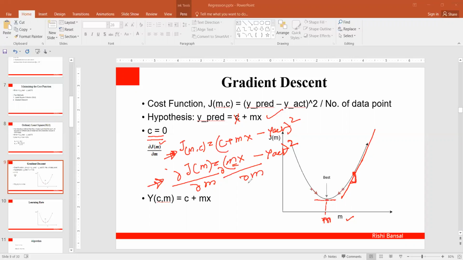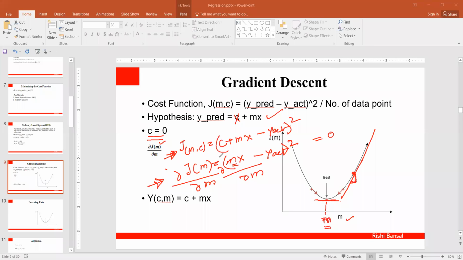So what happens when you differentiate here? We consider C equal to 0, and now we are interested in the value of M for which the slope becomes 0. So we equate this to 0.